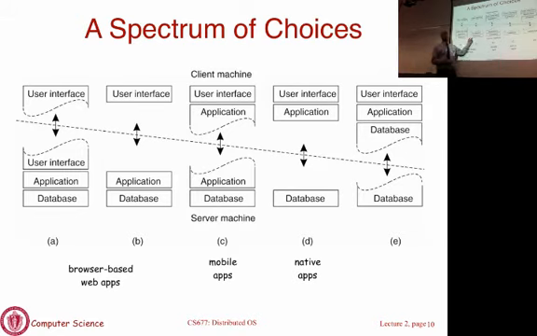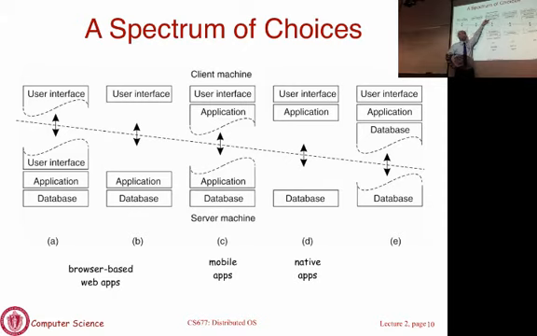You can have this scenario where the user interface completely resides on the user side, and then only the application and the database layer are on the server side. Now you have taken the user interface and it's on the client. Here only these two layers are on the server. Take it to the next level: the application is split between the client and the server.